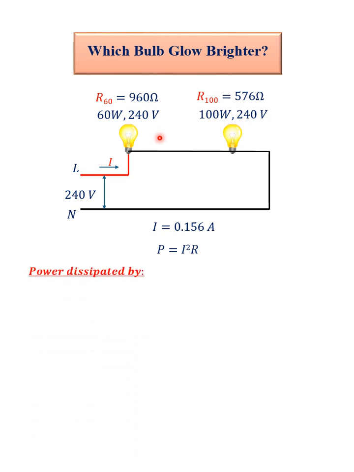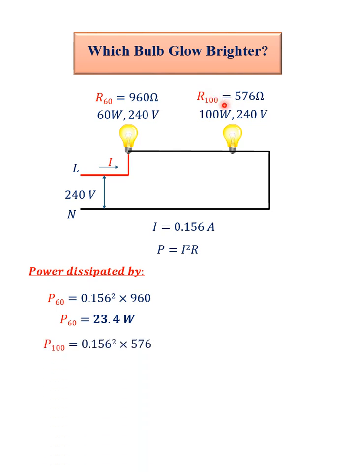Starting with the 60 watt bulb, the power dissipated will be equal to 0.156 squared times 960, the resistance of the 60 watt bulb. That will give us 23.4 watts. That means the 60 watt bulb connected across the 240 volt supply in series with this will dissipate 23.4 watts.